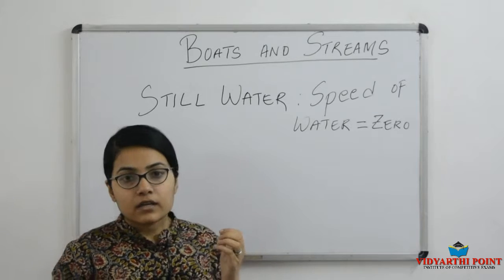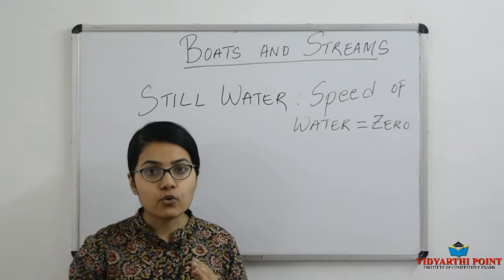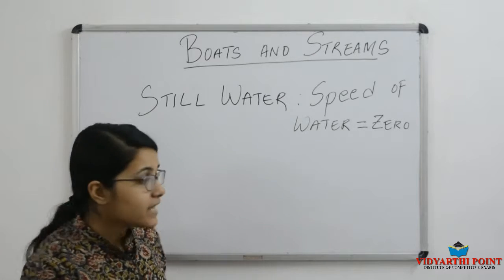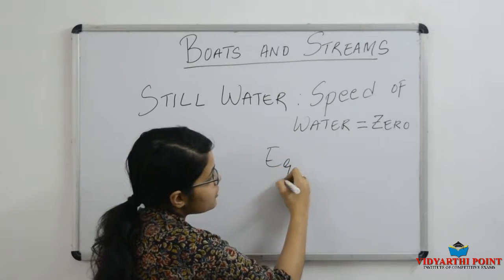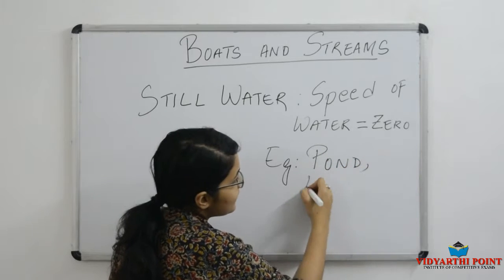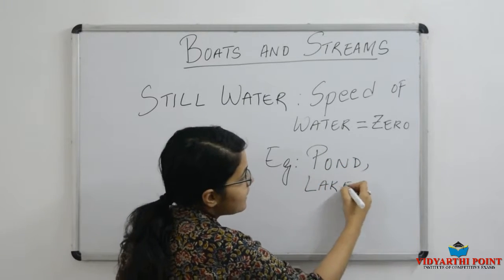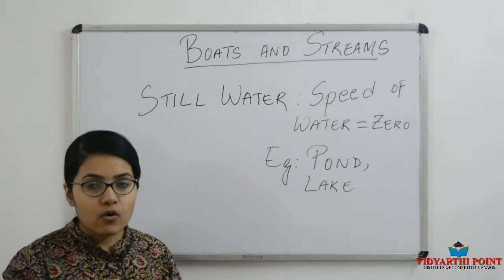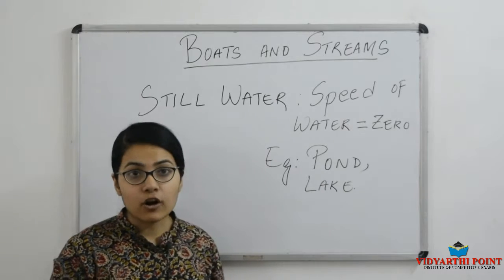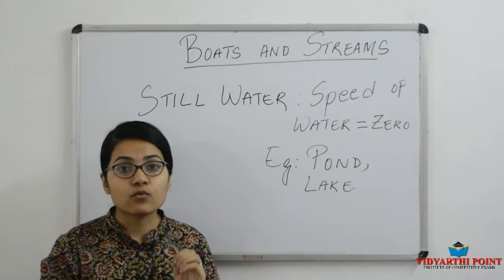Now give me one example or two where the speed of water is 0. Definitely the speed of water is 0 in a pond and lake.